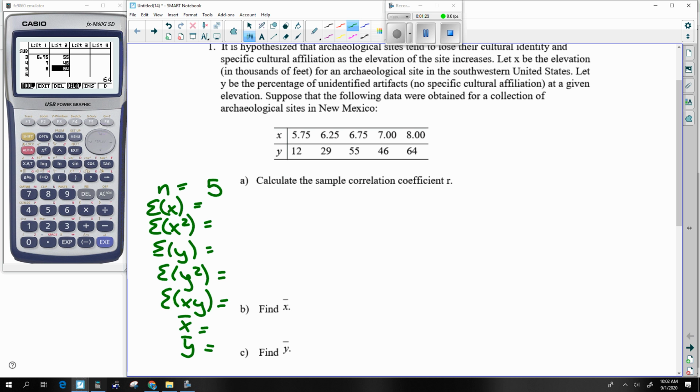There's 5 pairings. And then what I'm going to do is go back to my main calculator and do the majority of these calculations.